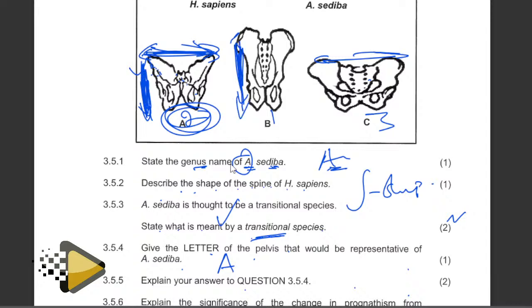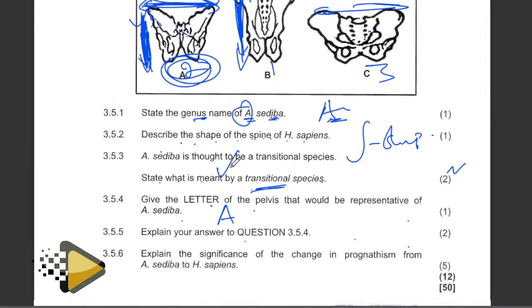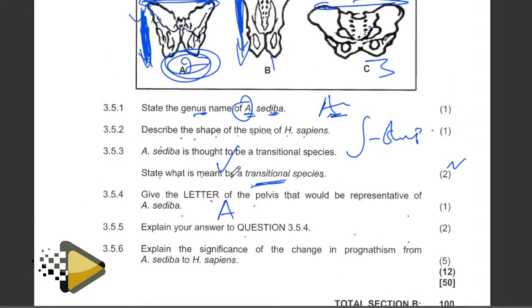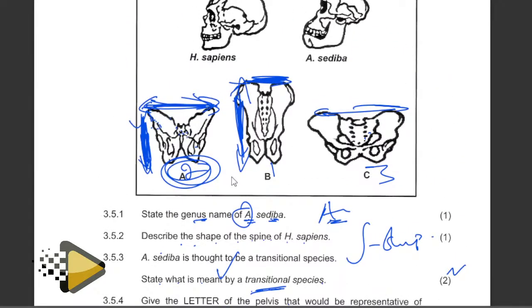This one is much narrower and not wider compared to this. So sorry, it's not as narrow as this, ne? Yes. How many marks are there? 2. So basically you would have said that it is not as wide as C and is not as narrow as B. That's the first mark.